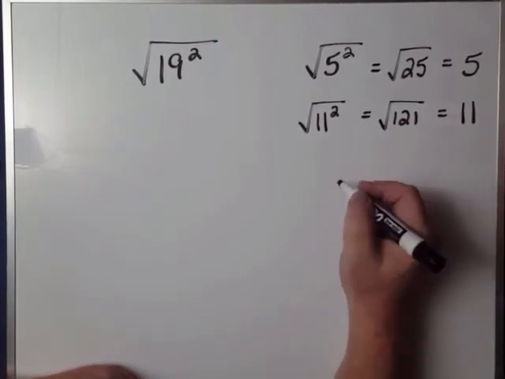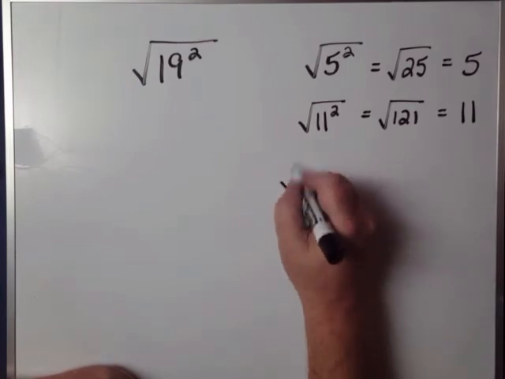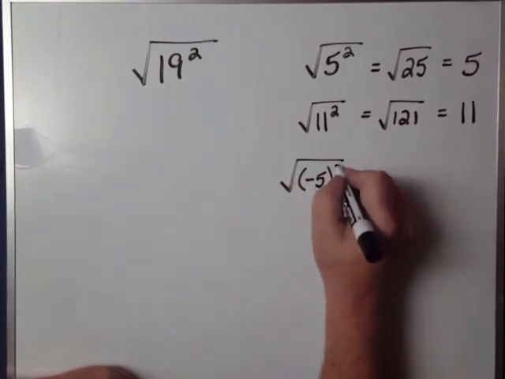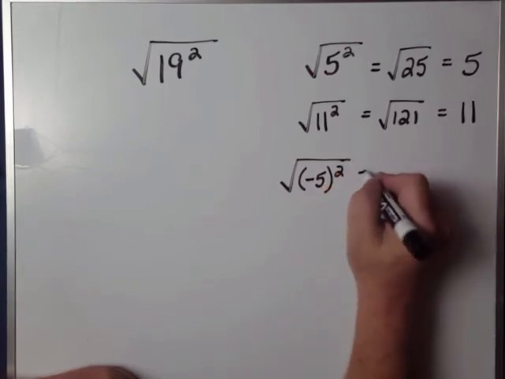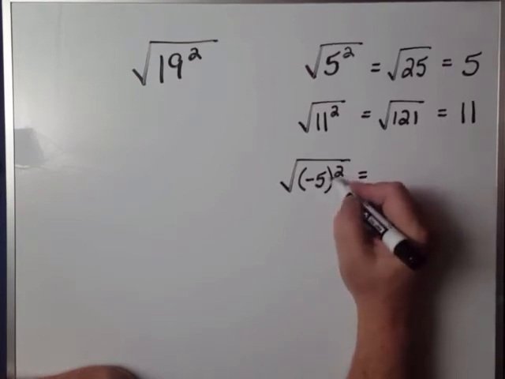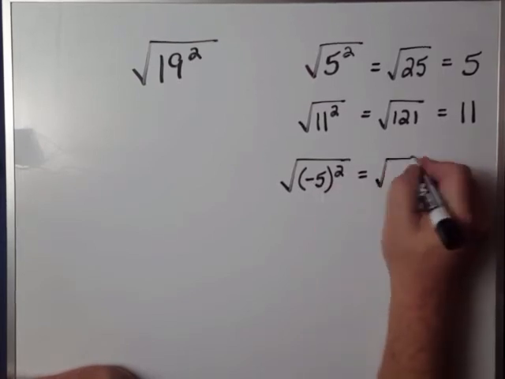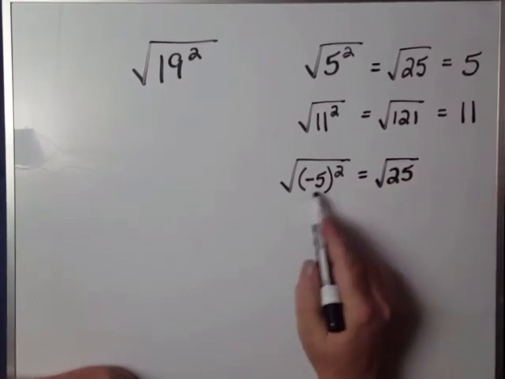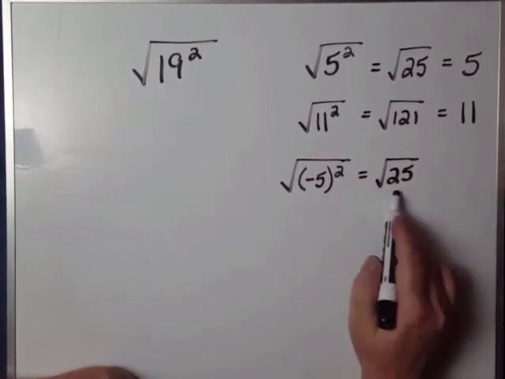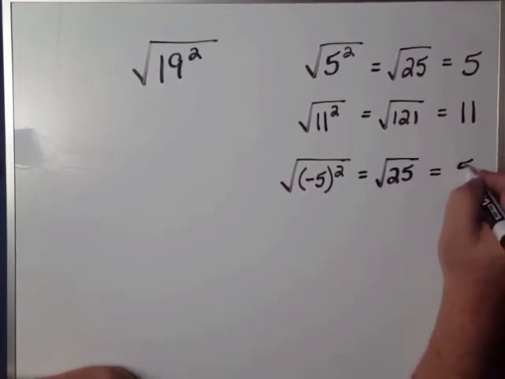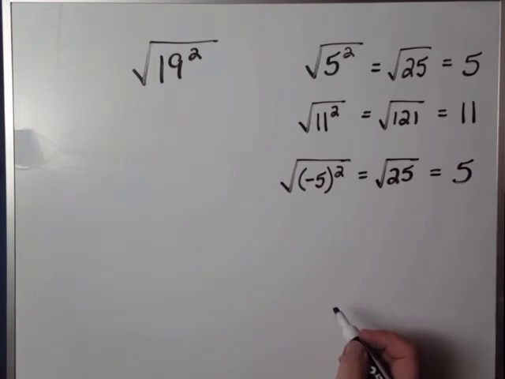However, watch this. The square root of -5 squared. If I simply follow the order of operations, if I square this -5, I get positive 25. You square -5, you get positive 25. And now the square root of that 25 is positive 5.